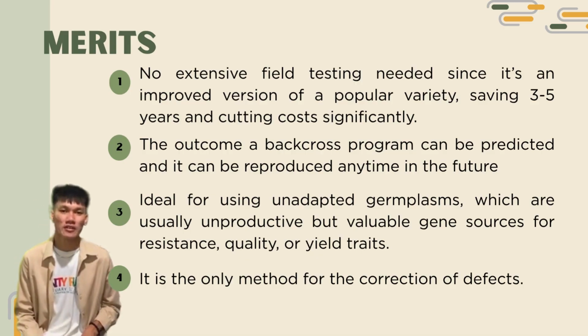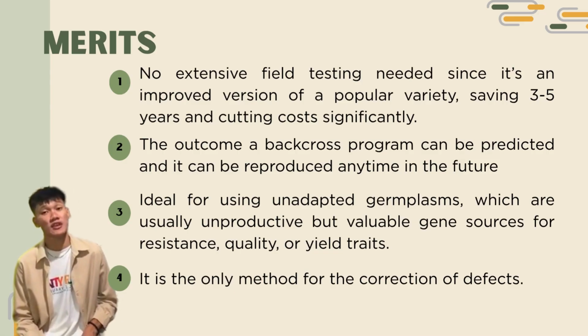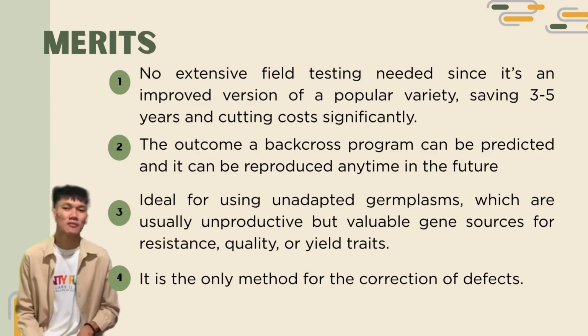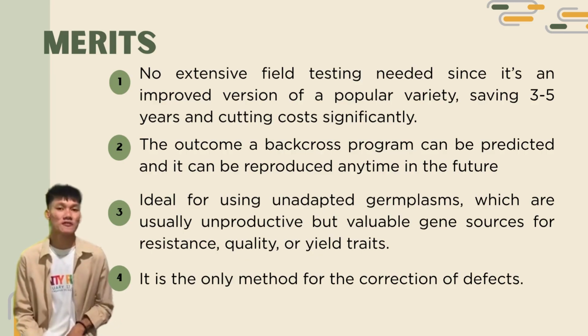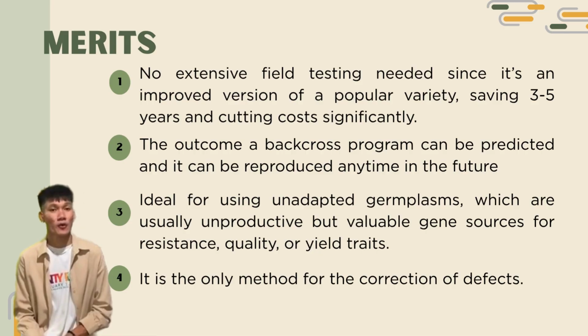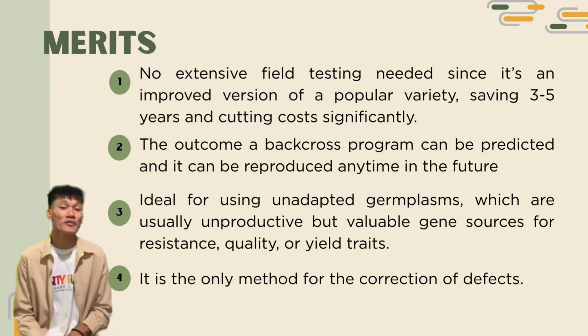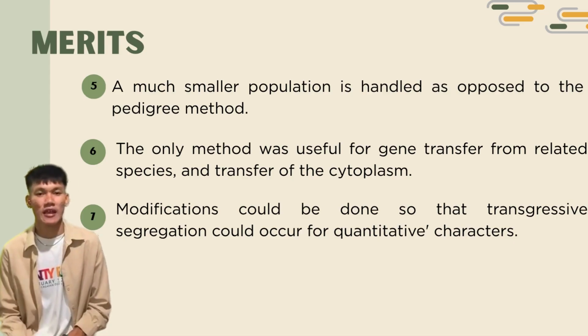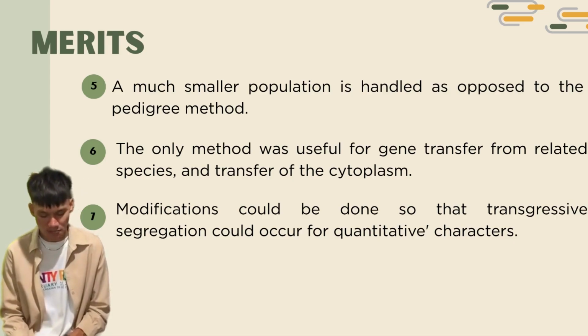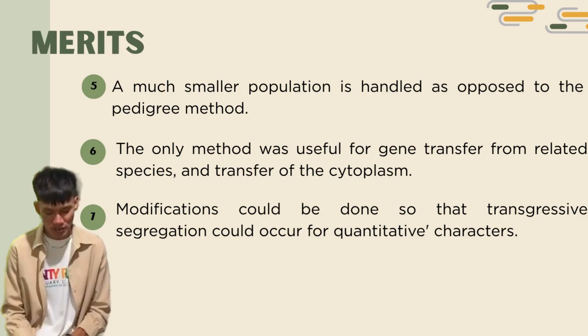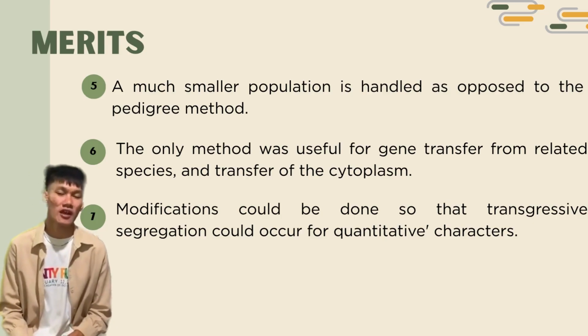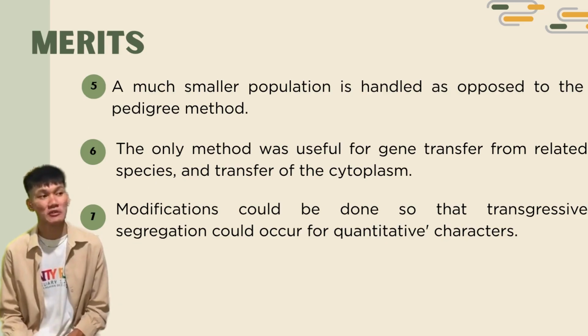And third merit is the idea of using unadapted germplasm, which is usually unproductive but valuable gene sources for resistance, quality, or yield traits. And fourth, it is the only method for the correction of defects. Fifth, a much smaller population is handled as opposed to the pedigree method.